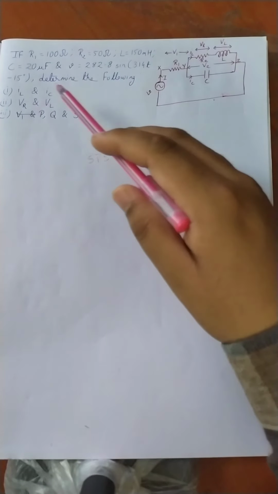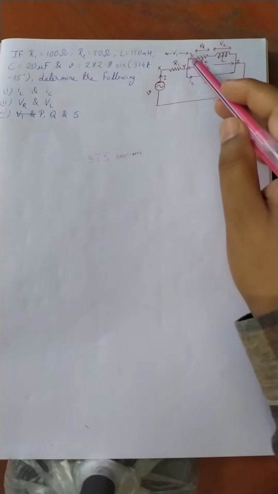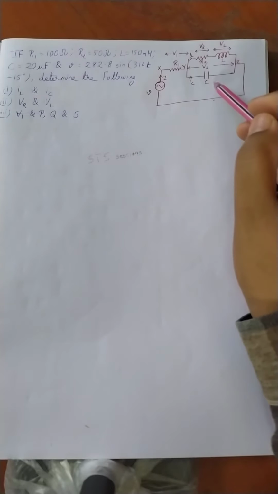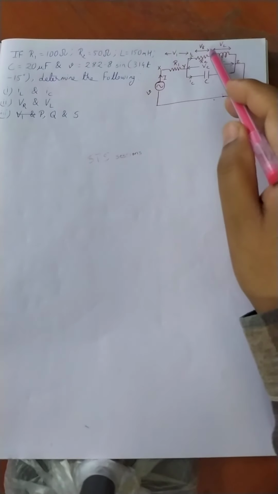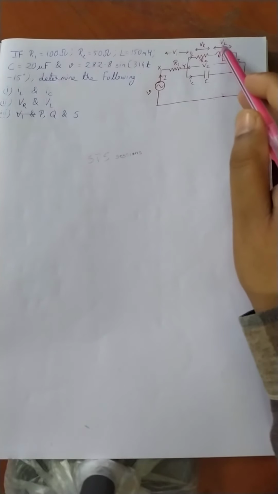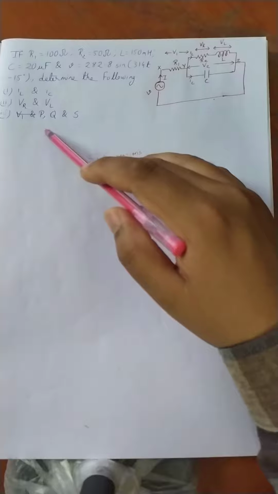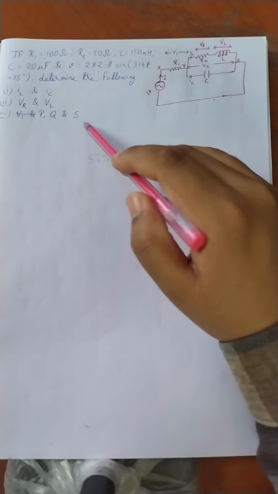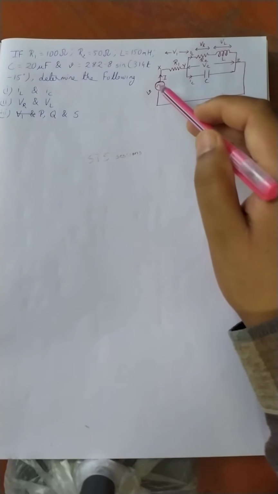Now what we need to do: we have to find IL and IC, the currents passing through the RL and C. We have to find the voltage drop across R2 and the voltage drop across L, and also the active, reactive and apparent power delivered by this source V.